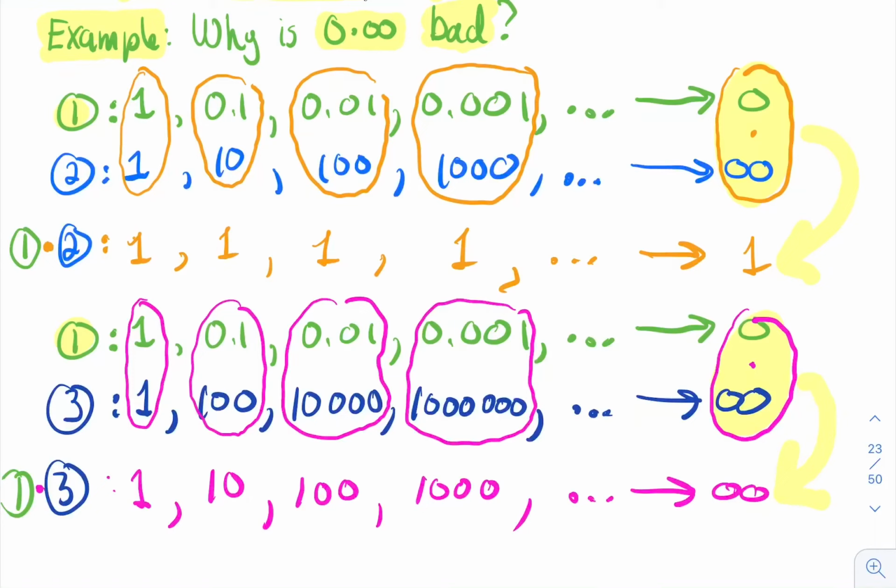And we could also have an example where the sequence goes to 0 faster and then the product would be 0. So when you have 0 times infinity, is it 0? Is it infinity? Is it a number? You just don't know. And this is why we need to find ways to go around this bad form.